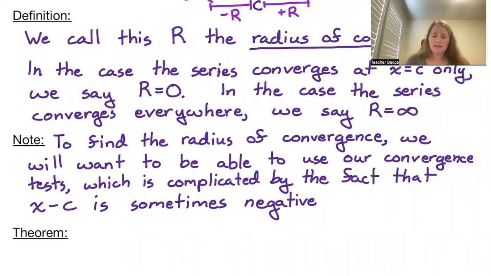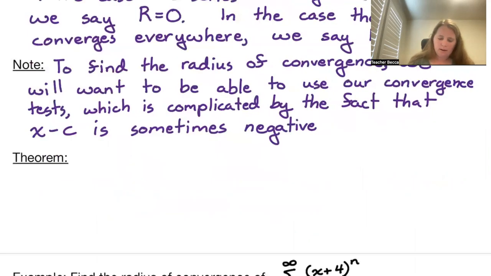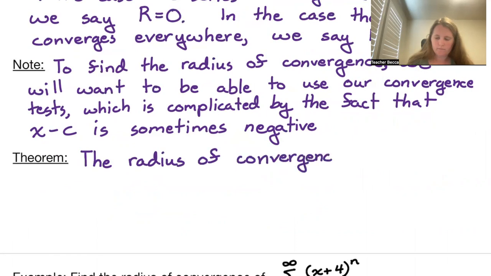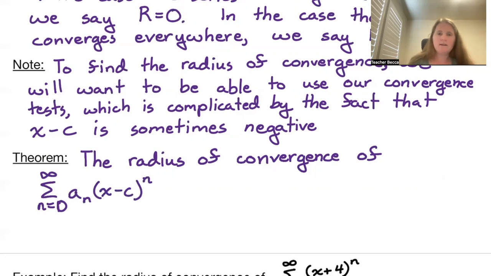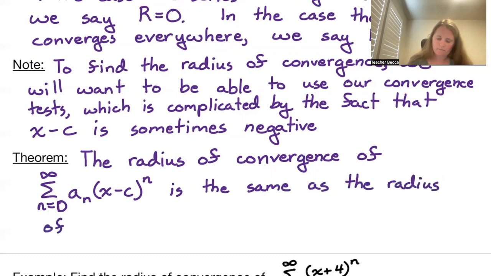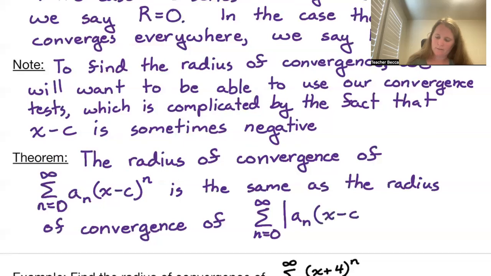So the theorem that we get is that the radius of convergence of the power series, the sum from n equals 0 to infinity of a sub n times x minus c raised to the n, is the same as the radius of convergence of the sum from n equals 0 to infinity of the absolute value of a sub n times x minus c raised to the n.